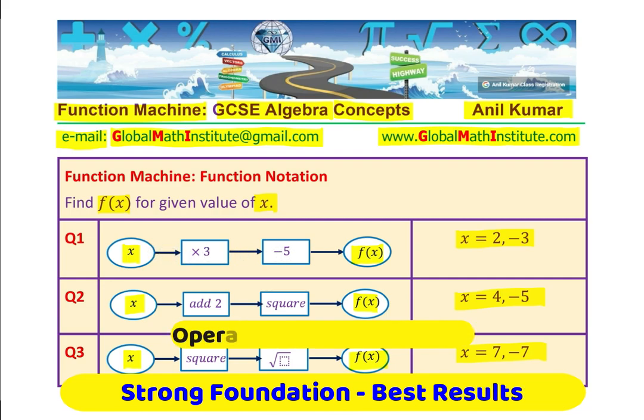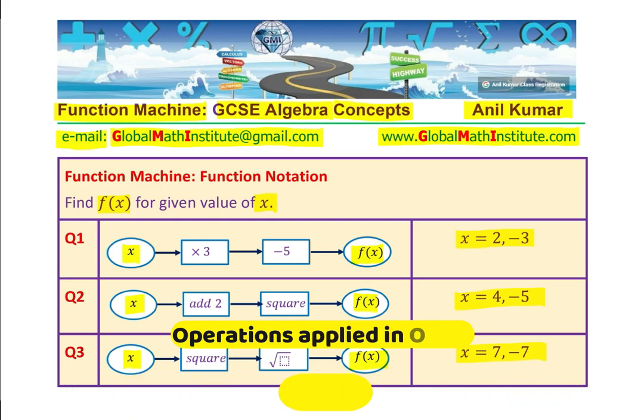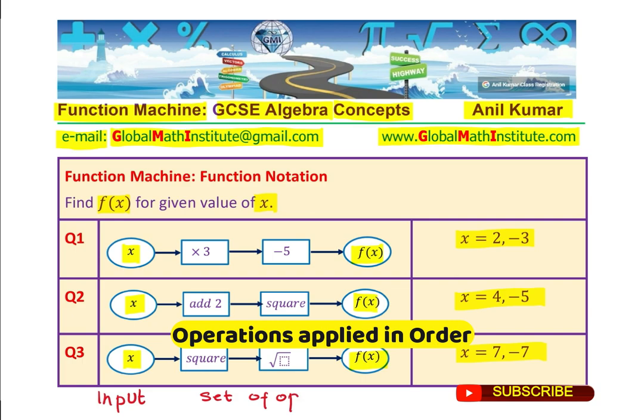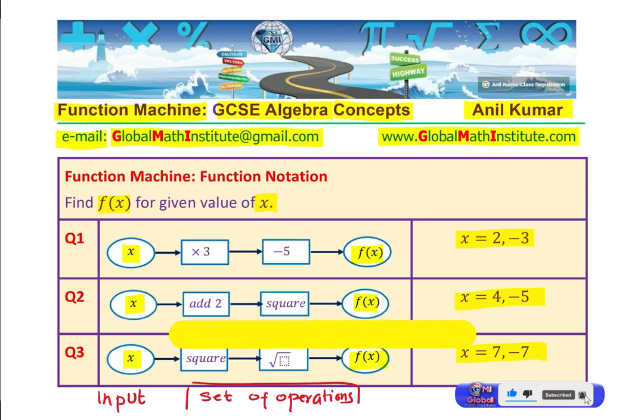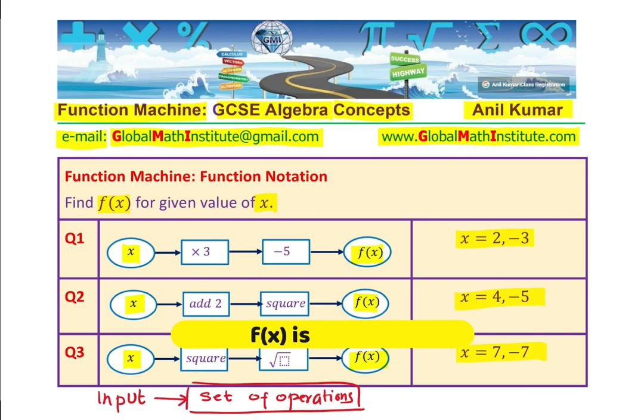So we have an input here, and then we have a set of operations. When the input is applied to this set of operations, finally you get an output. And this output is denoted by f of x.